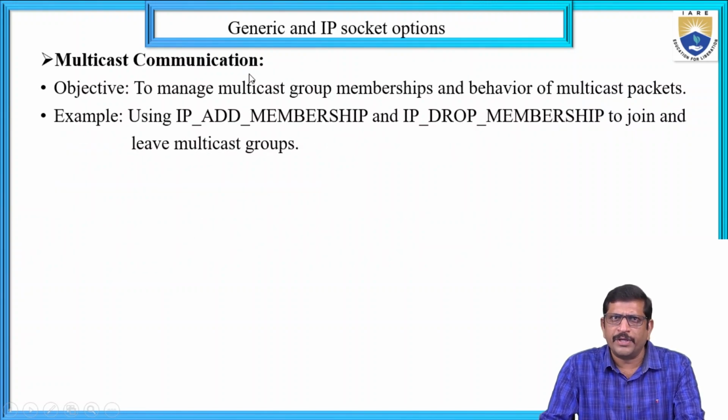Multicast communication manages the multicast group membership and the behavior of multicast packets, by using IP add membership and IP drop membership to join and leave multicast groups. This is an example of multicast communication.